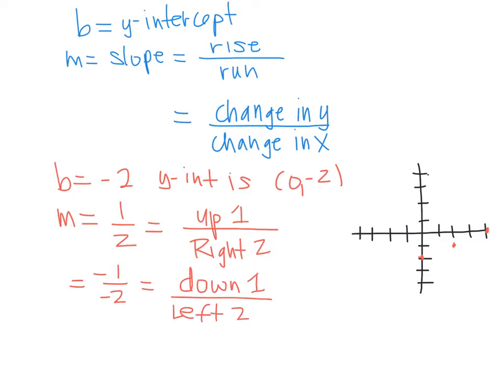So let's go back to that y-intercept and follow those directions. Down 1 and left 2, we get the point (-2, -3). We can do that one more time, down 1 and left 2, and we get the point (-4, -4). We can see how those points line up. They're collinear.